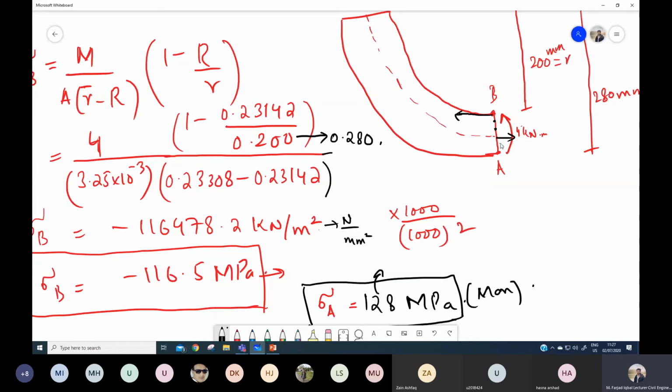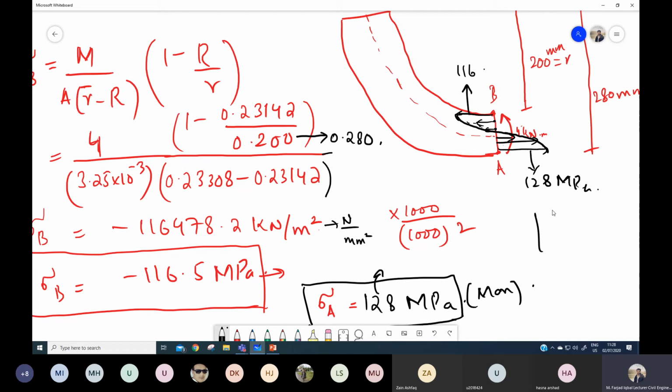On the cross section, at point B the stress is 116, and at point A the stress is 128 megapascal.